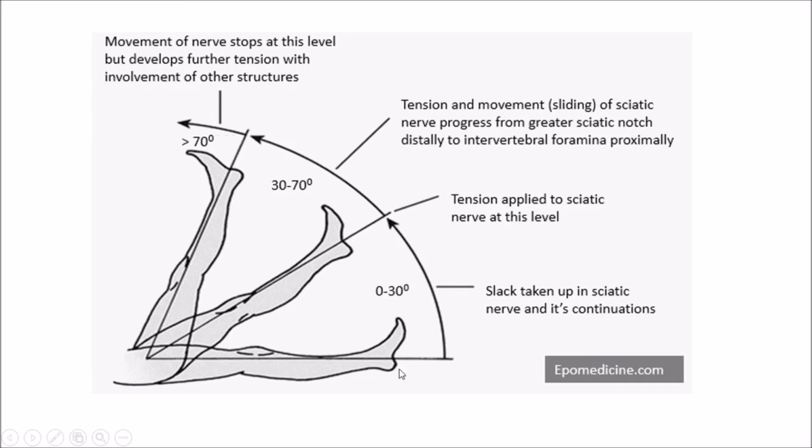The most common range is 60 to 70 degrees; when a patient feels pain there, that can diagnose sciatica. And if the patient feels pain at greater than 70 degrees, then that is not the nerve. Maybe other structures, such as the SIJ, are involved.